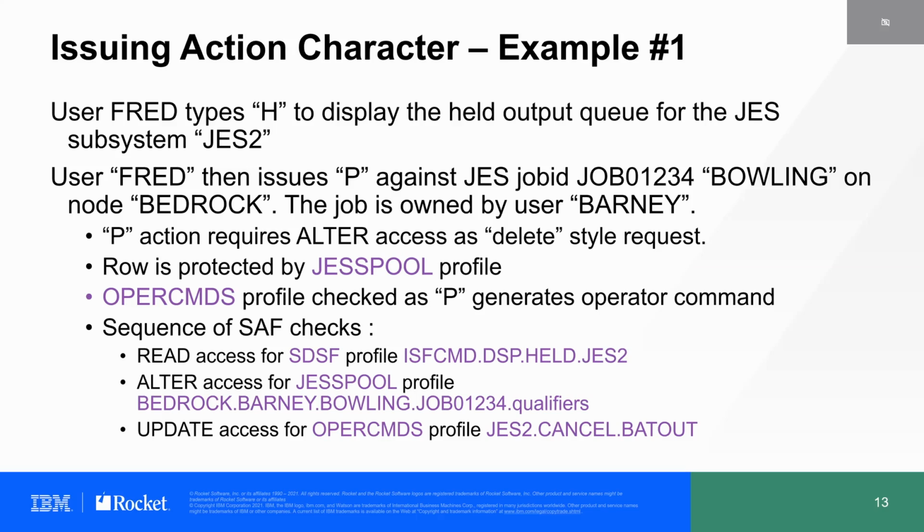What would happen there is the MVS would just see that command, and the only thing he would need would be update access to the opera commands profile, jes2.cancel. So there's a value add here. The first 2 checks are value add within the SDSF product.